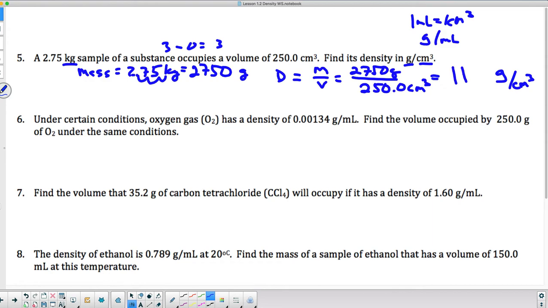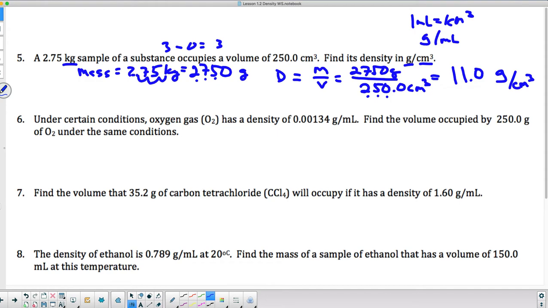Okay, so that would be 11 grams per cubic centimeter. Because I have 3 significant figures there, that 0 doesn't count, I should actually write 11.0. And we'll talk more about what that means and why we do that.